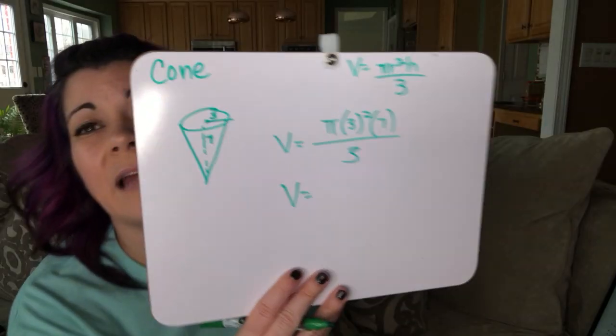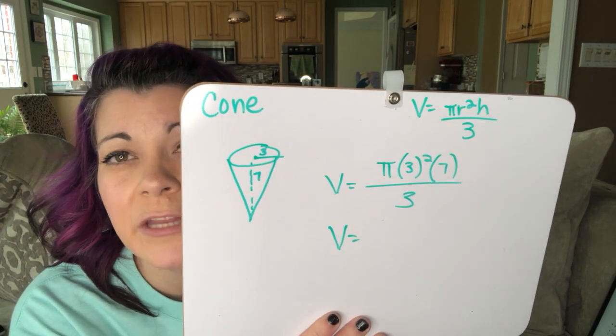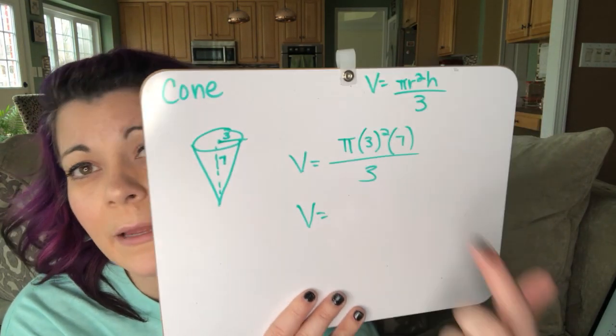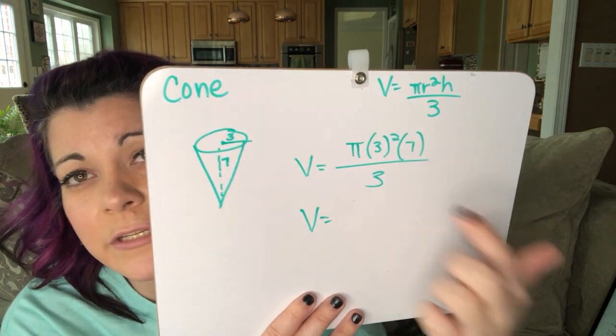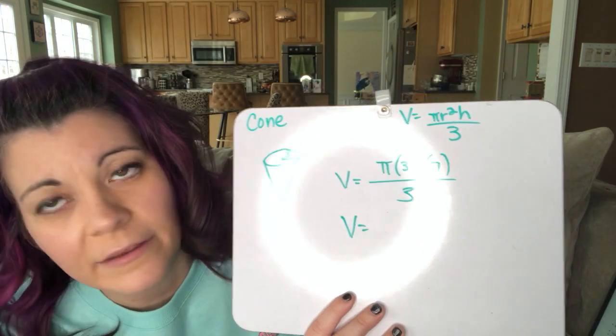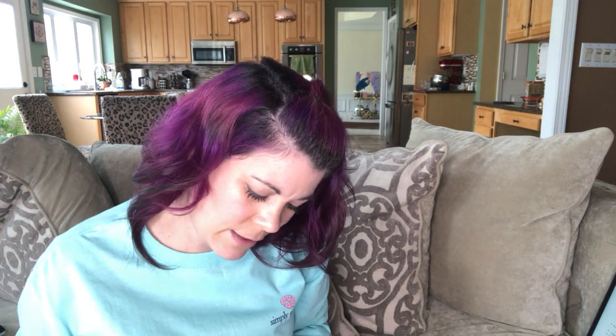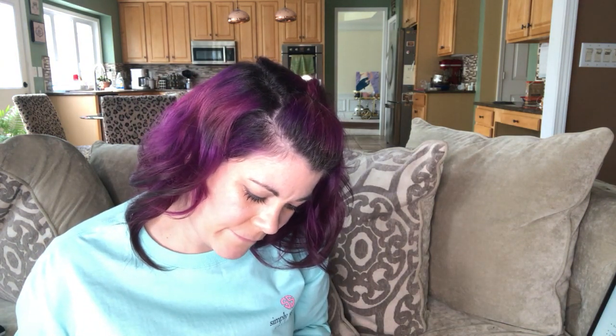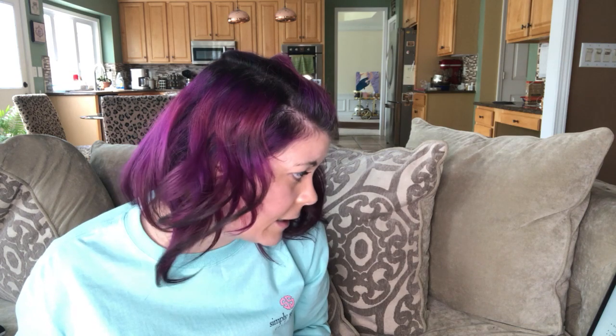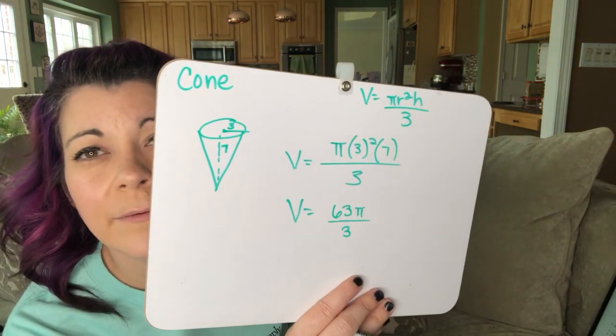So pi r squared times h, which is 7, and then all divided by 3. Again, I'm not going to do terms of pi just yet, or multiply 3 by pi. I'll do 3 squared, which is 9, and then times 7, which is 63. So that'd be 63 pi divided by 3.